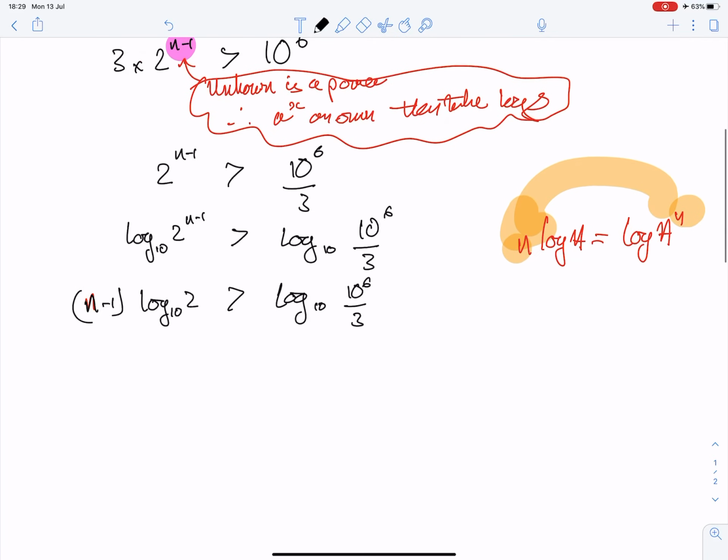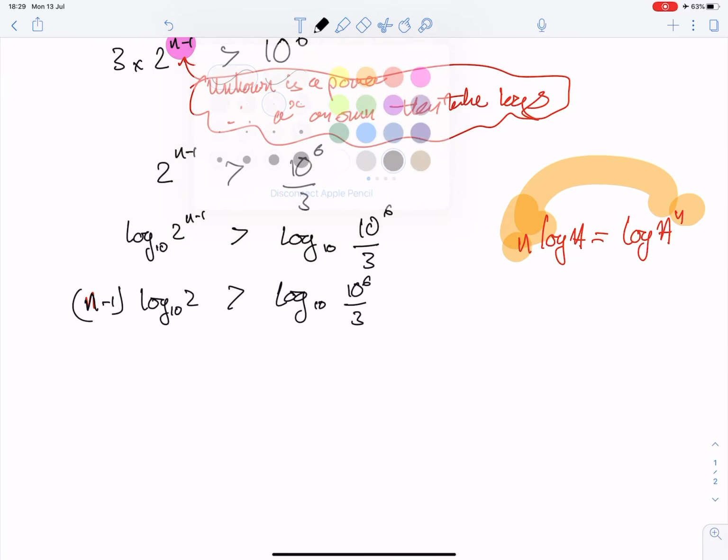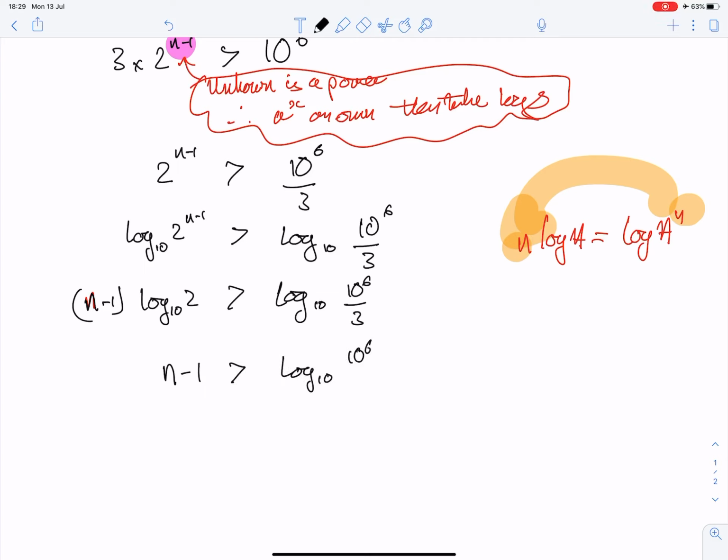Divide by log to the base 10 of 2. n-1 is greater than log to the base 10 of 10^6 over 3, over log to the base 10 of 2. So, tap that in the calculator.